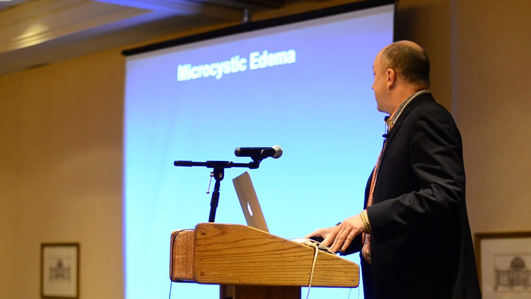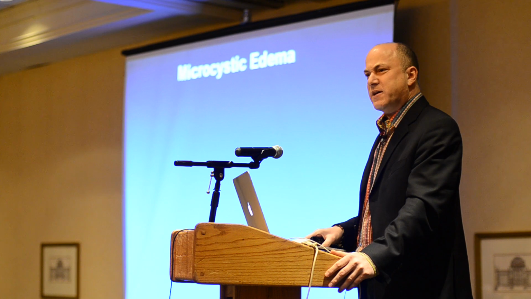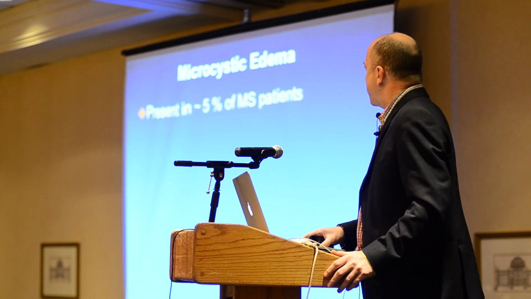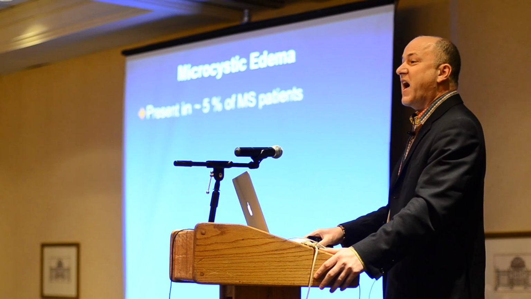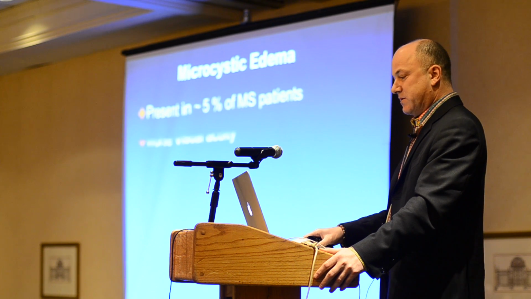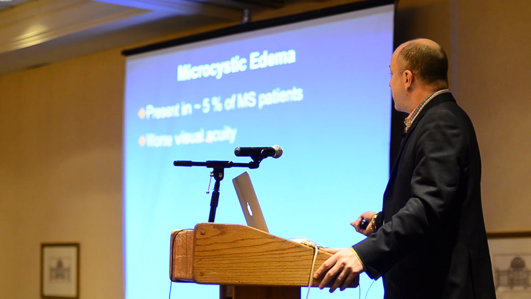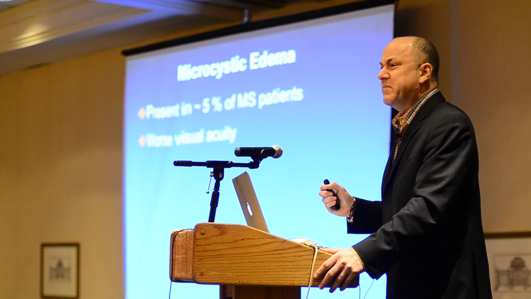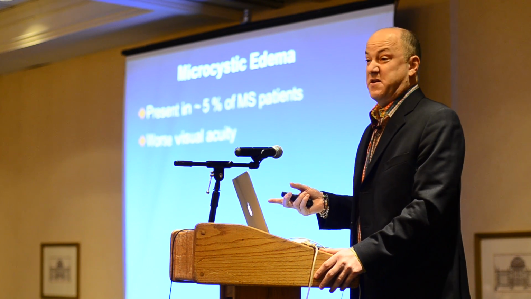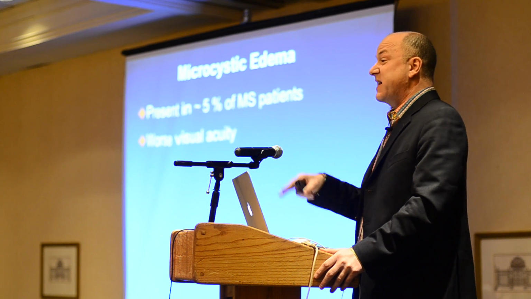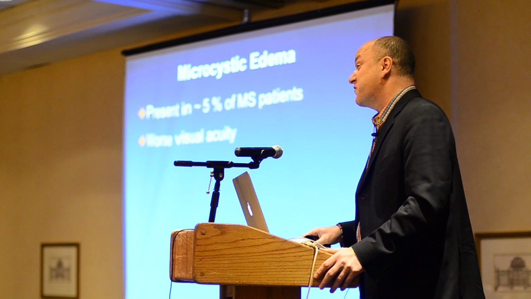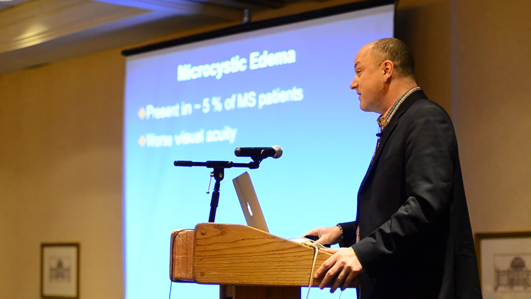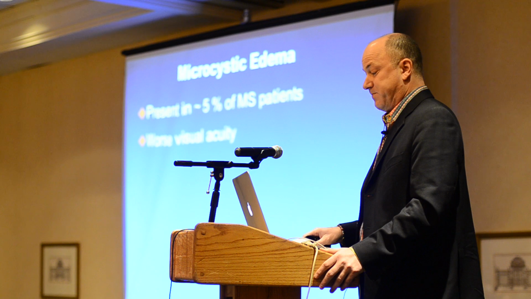Why it is interesting to find these microcysts is, as the authors pointed out, it's not in all MS patients. We only find it in about 5% of MS patients. But it is associated with worse vision, partly because it's not good to have fluid in your retina. If you have a hard enough time getting the signals back, and you're trying to look through a retina that's full of fluid instead of being optically clear, it degrades your vision.